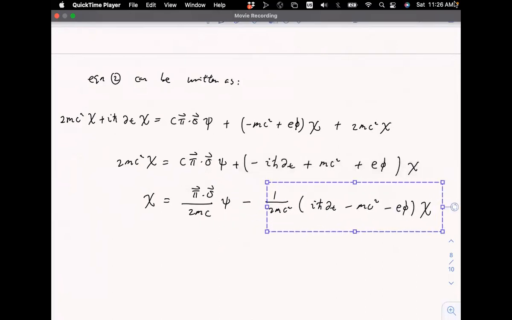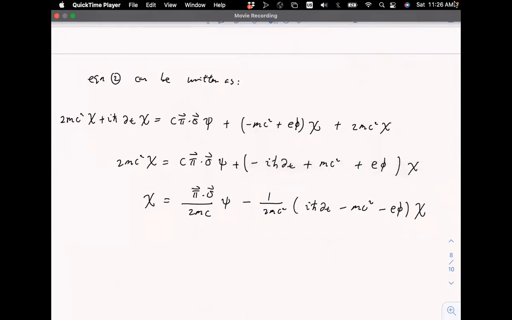Okay. So why do we do it in this way? Because now you're expressing this chi in terms of phi. And you can see that it is 1 over C. And C is a big number, right? So this already shows that chi is small. And this order is 1 over C squared, is even smaller.